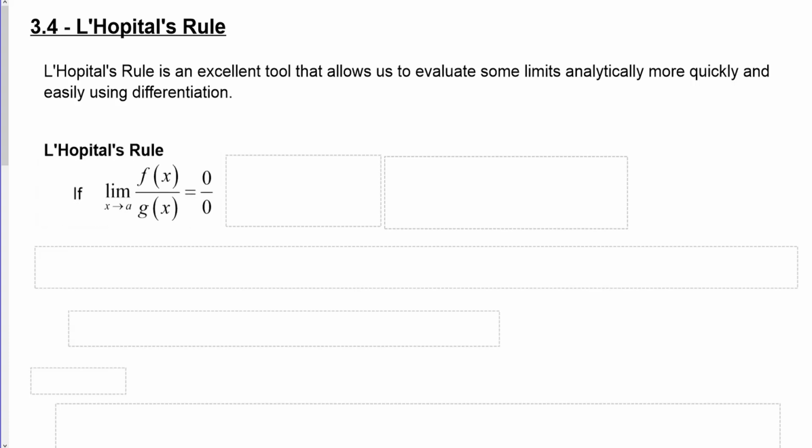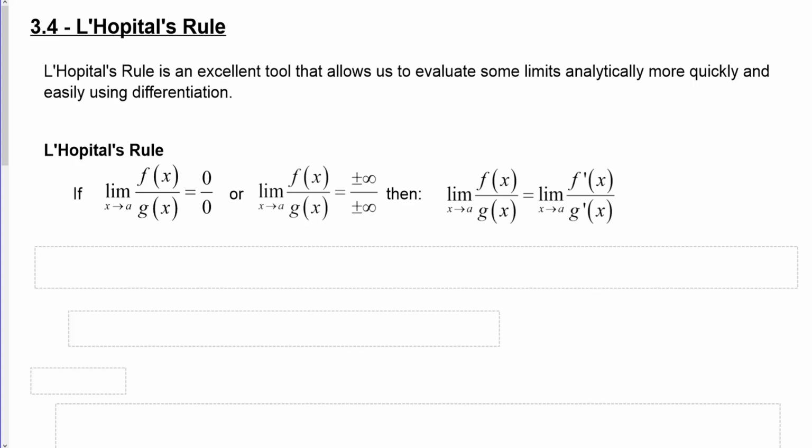The rule states that if the limit as x approaches some value a of f of x divided by g of x is equal to 0 over 0, or that limit equals positive or negative infinity over positive or negative infinity, then the limit can be evaluated by taking the same limit as x goes to a, the same limit point, of the derivatives of f of x divided by g of x.